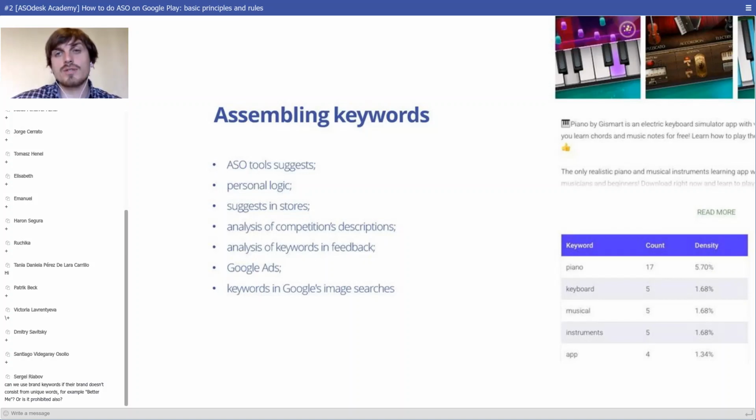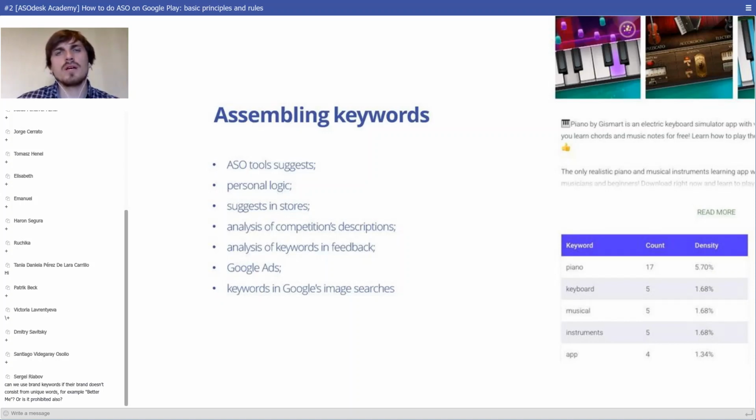Suggesting stores, yes. So after importing these keywords from the ASO tool and our personal logic, we start looking into the suggest on stores, and suggest are very important, because we are looking into the hierarchy of the search suggests, and we are understanding how frequently people are using given keywords on Google Play or the App Store.